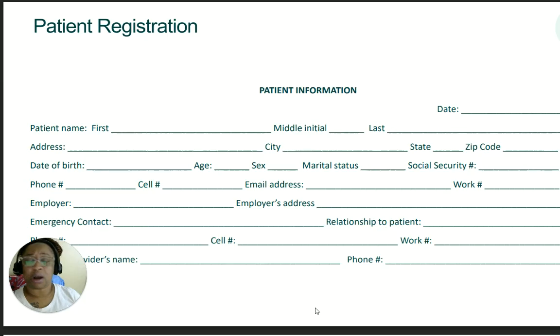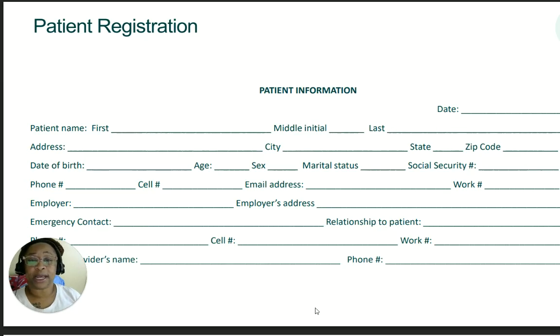Patient information on the patient registration form: we always need to make sure we get clear written information, or through the software program if they're doing a self-enrollment for themselves. Always double check the information that's listed so that we can make sure everything is correct.